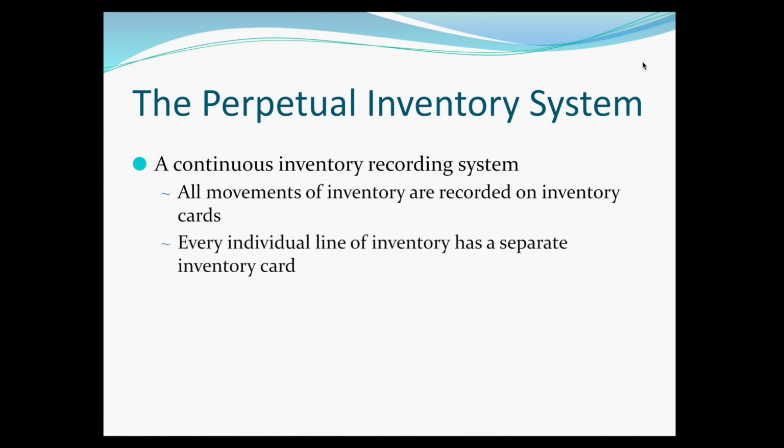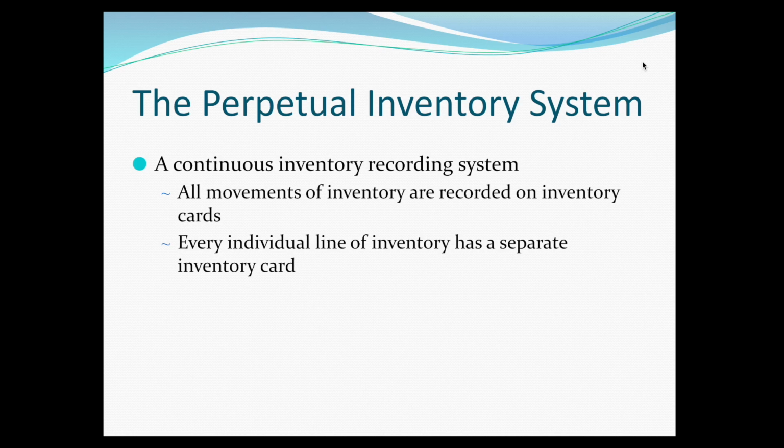Let's move on. Every individual line of inventory has a separate inventory card. Let's say, for instance, you have two pieces of inventory: a tomato soup and an Up & Go milkshake drink. Those inventory items are not the same.